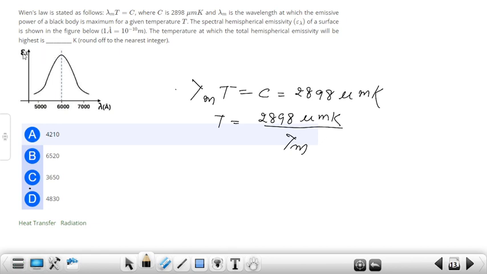The epsilon lambda is maximum at lambda_m equal to 6000 angstrom. So lambda_m is equal to 6000 into 10 to the power minus 10 meter, since 1 angstrom is 10 to the minus 10 meter.